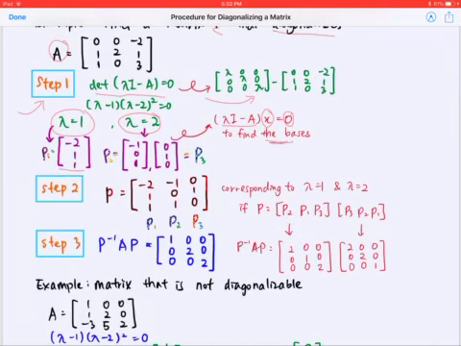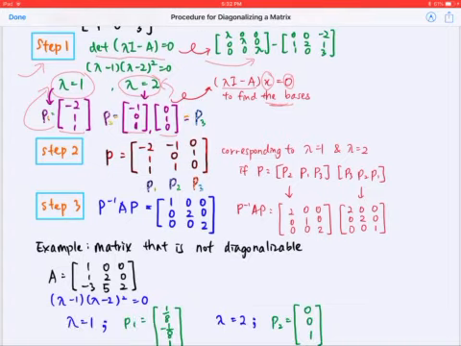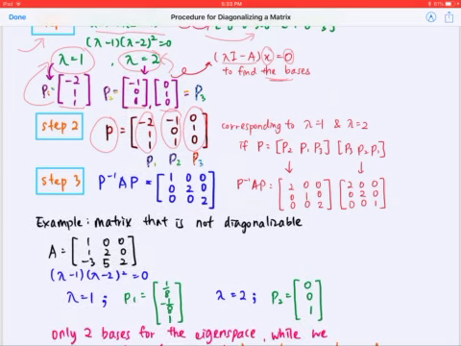So you have P1, the eigenvector corresponding to the first eigenvalue, and P2, P3 corresponding to the second eigenvalue. The third step is quite straightforward, where you create a new matrix P that is a combination of P1, P2, P3, the bases of the eigenspace.